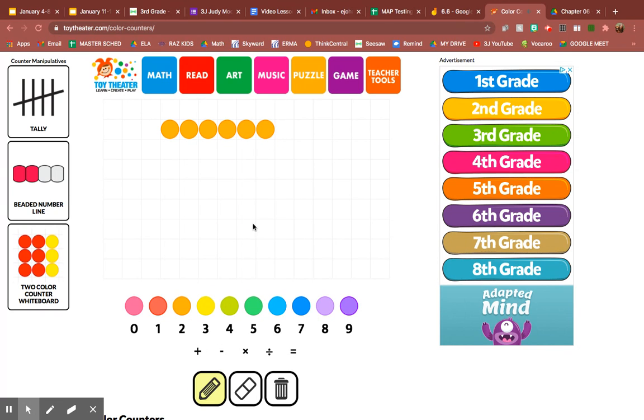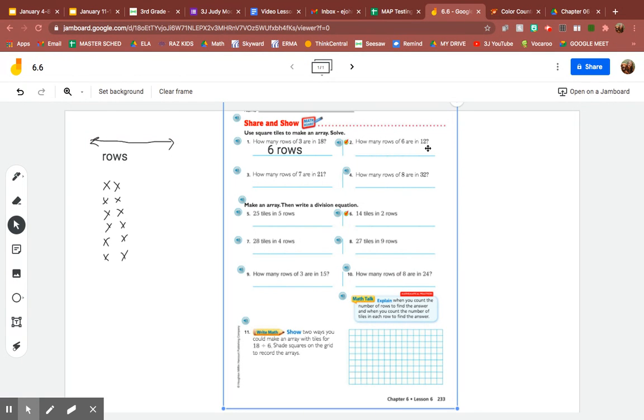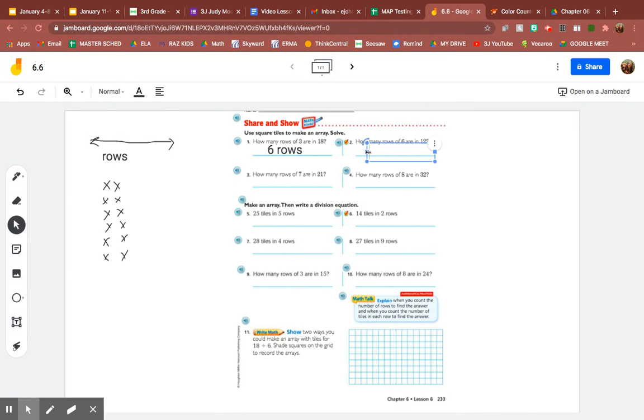There's 1 row of 6. Remember, I want to get to 12. And there are 2 rows of 6, which equals 12. So I only needed 2 rows of 6. So 2 rows is the answer. It says how many rows of 6 are in 12? Well, there are 2 rows.